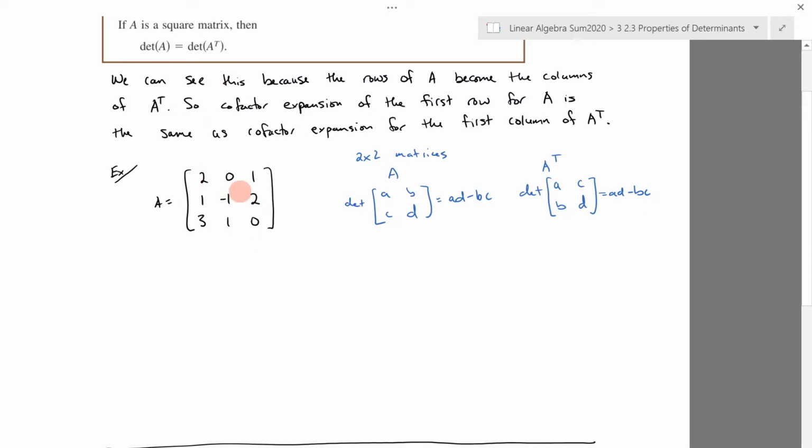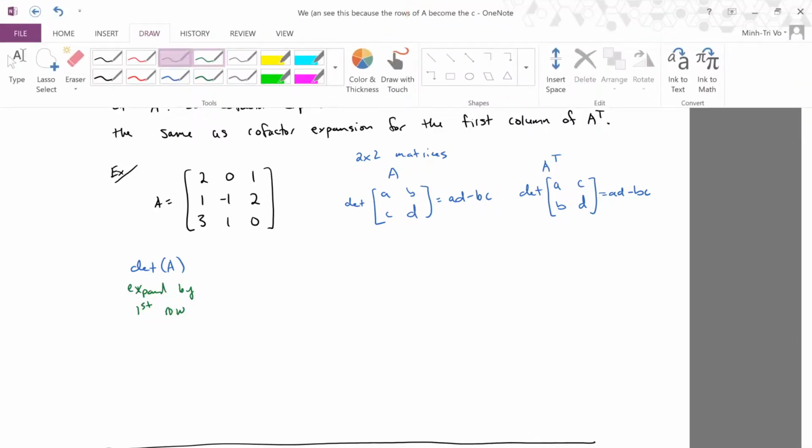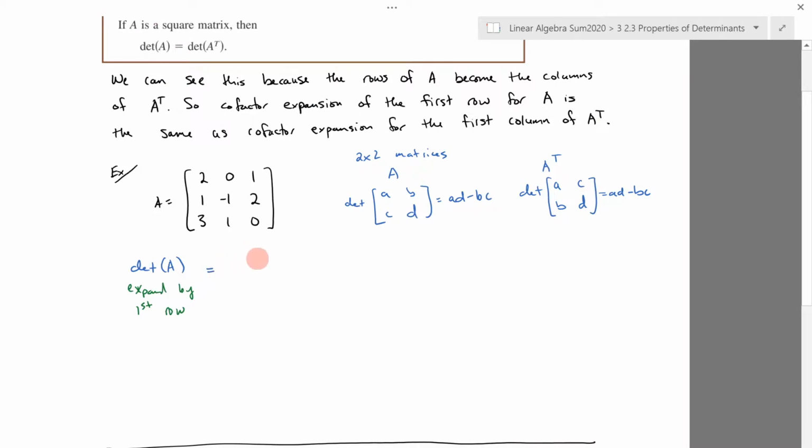Okay, so let's look at this 3x3 matrix here. Let's expand by the first row. The pattern is plus, minus, plus.